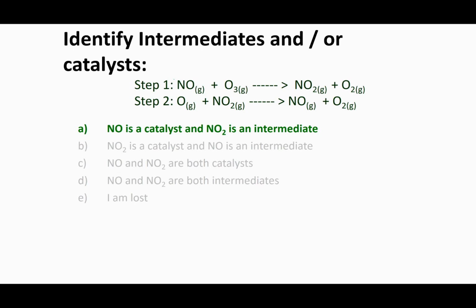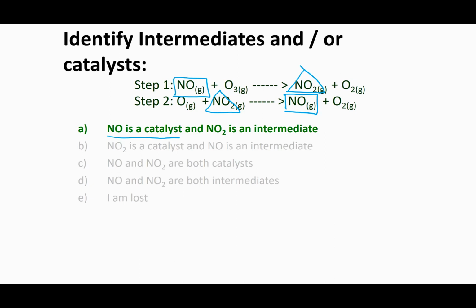So in the first reaction, we see that NO is consumed, and then in the second step, it is reproduced. So if that's the case, if it's consumed and then reproduced, that means it's a catalyst. Now, NO2, on the other hand, is going to be produced, and then my NO2 is consumed.